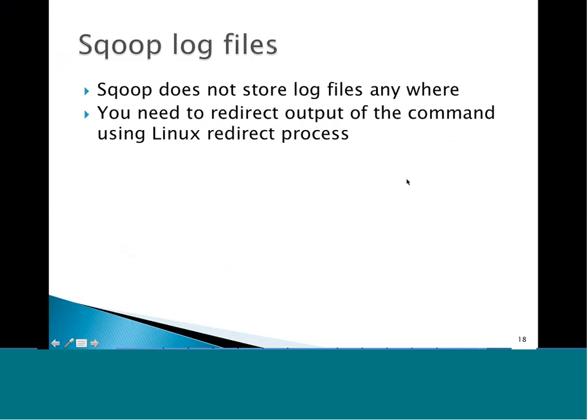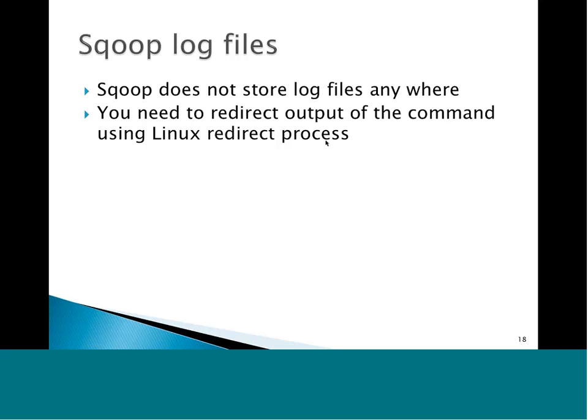And Sqoop log files. I'm not sure about Sqoop 2, but Sqoop does not store log files anywhere. When you run the Sqoop job, you have to redirect the output of the command using the Linux redirect process. I will show you that as part of the demo.